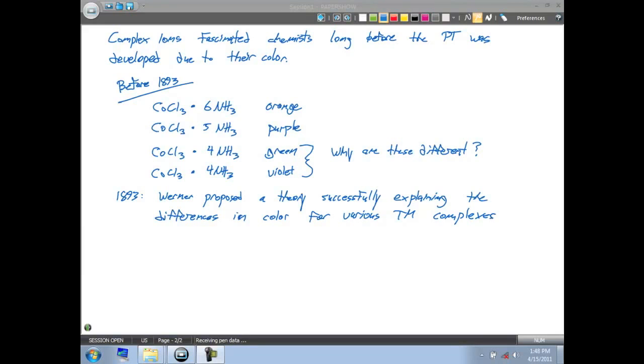This is the same theory that we use today. And what his theory focused on was the bonding around the transition metal.